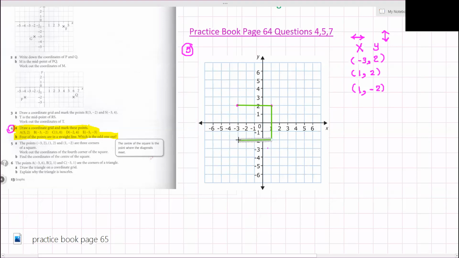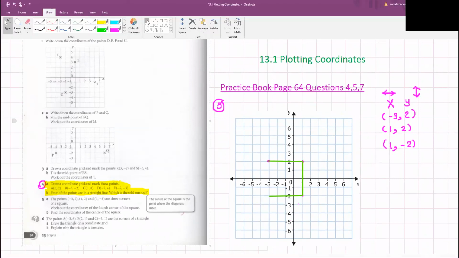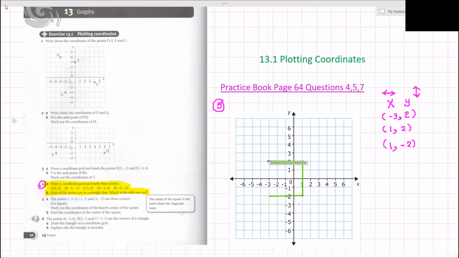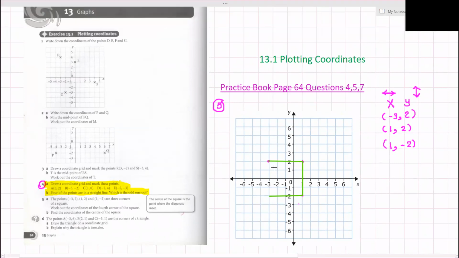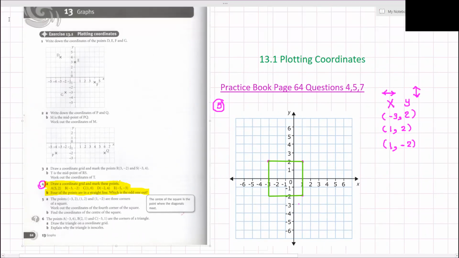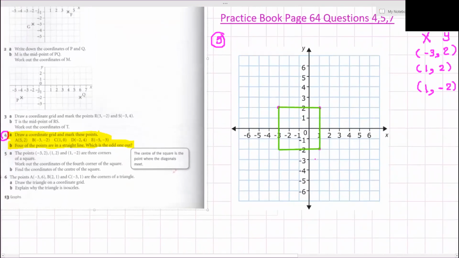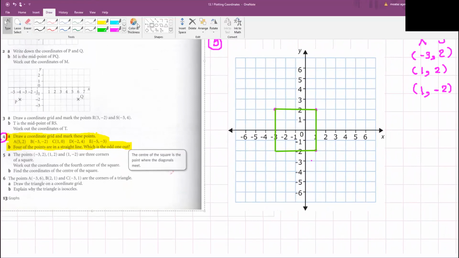It will be like this. Now we have finished drawing the square.